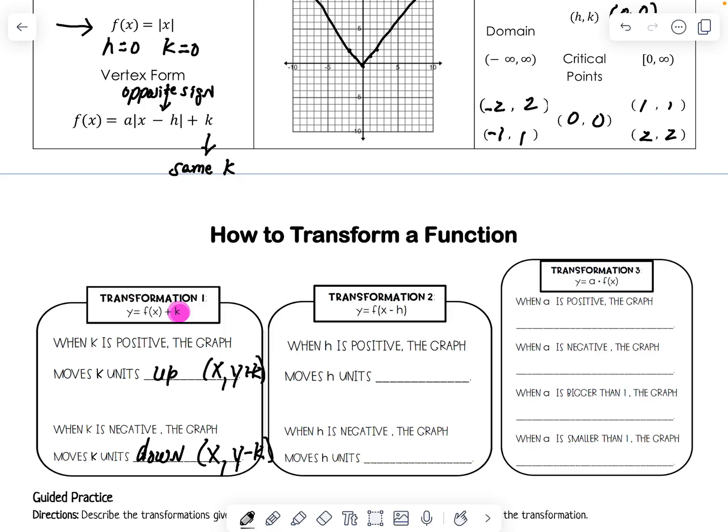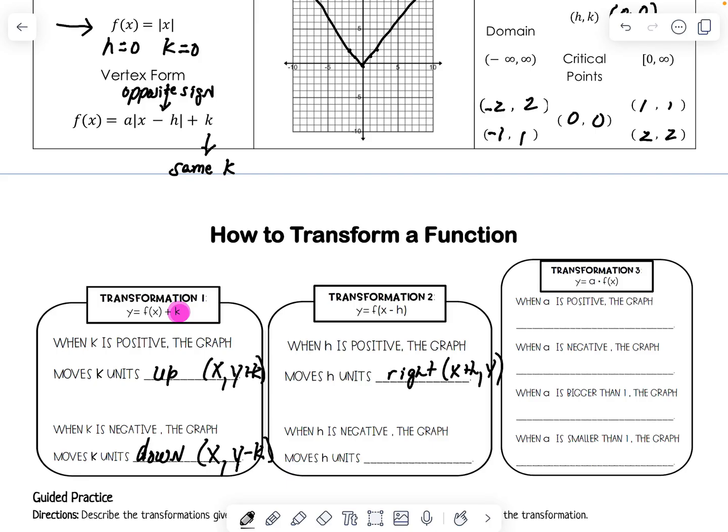How about the h? Okay. Well, when h is positive, the graph moves to the right. And this time, you're going to be adding h to the x, because the x is what moves left to right.